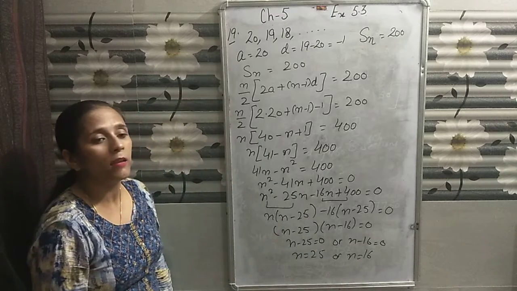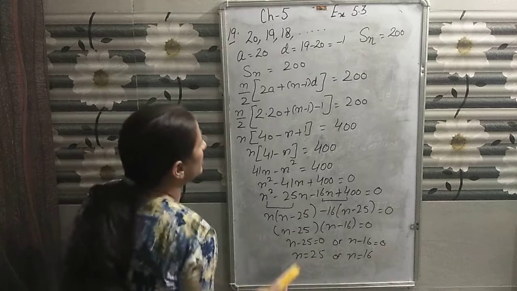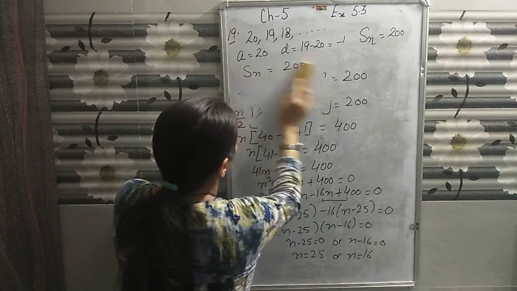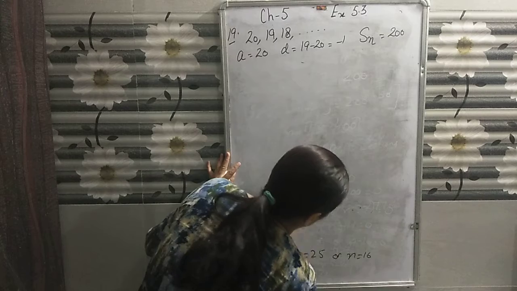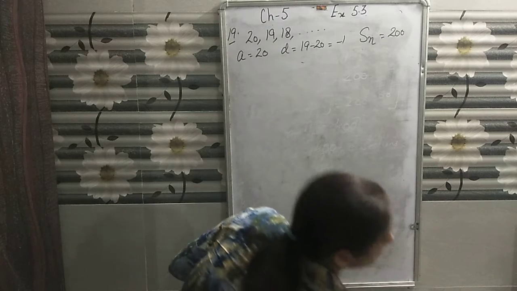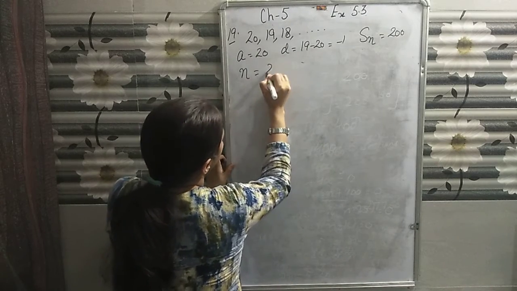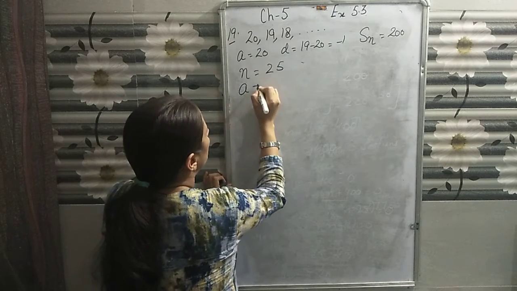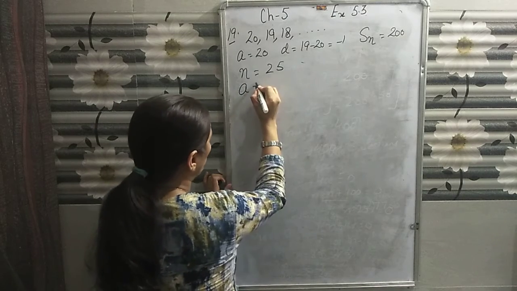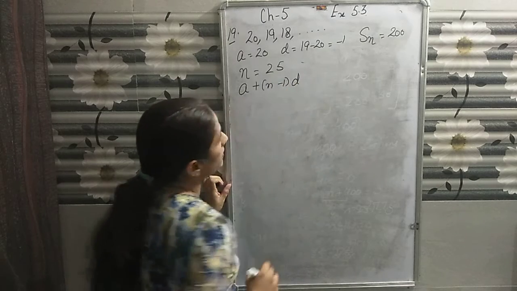And we have to find the number of logs in the top row. So I am applying both of these values. Either n is 25. Now I am applying n equal to 25. So I am finding the number of logs in the top row, that is a plus (n minus 1)d.